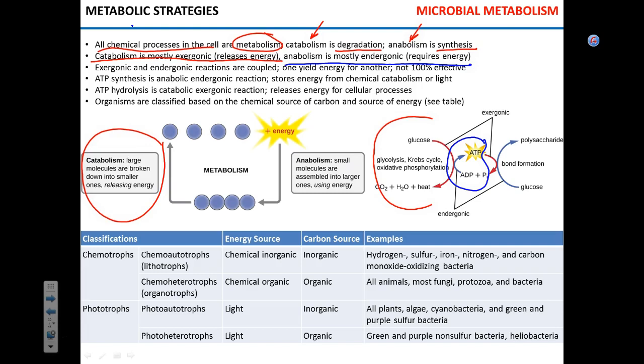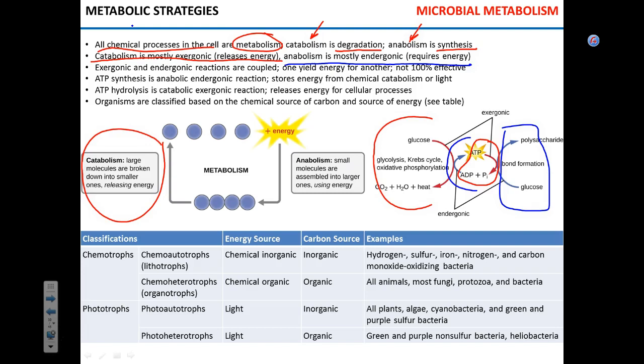And this energy can be used to fuel ATP synthesis, which then, in turn, ATP can be catabolized to fuel anabolic reactions again, such as polysaccharide synthesis or protein synthesis, or DNA RNA synthesis. Okay, good?